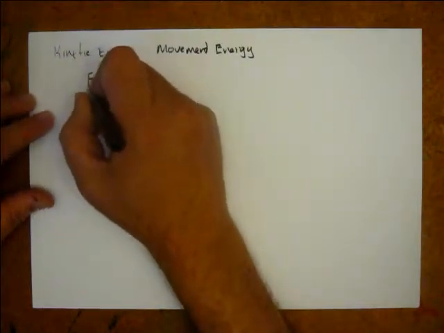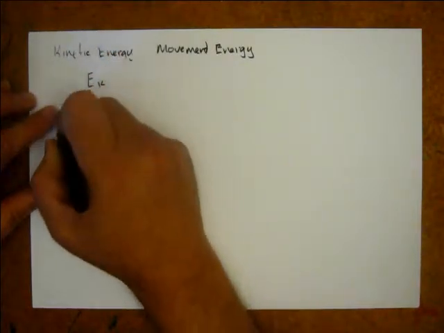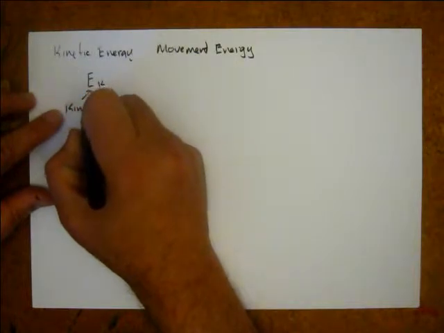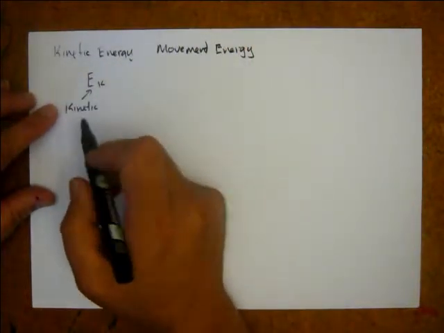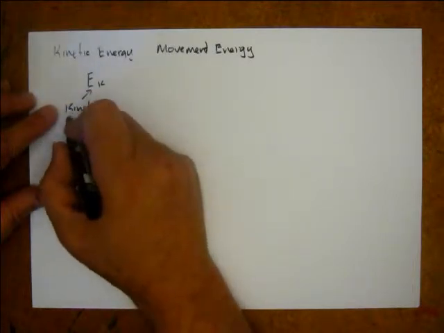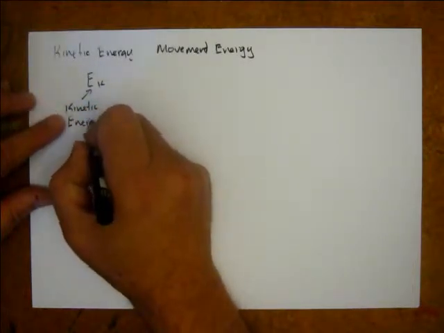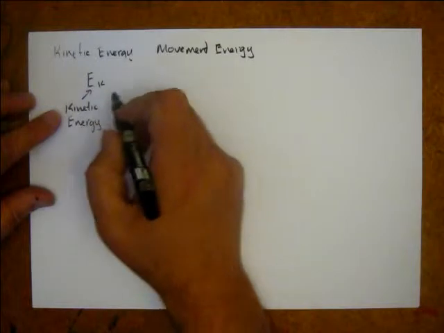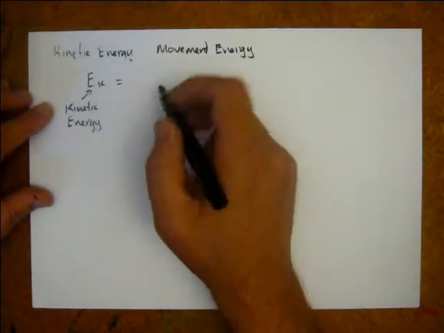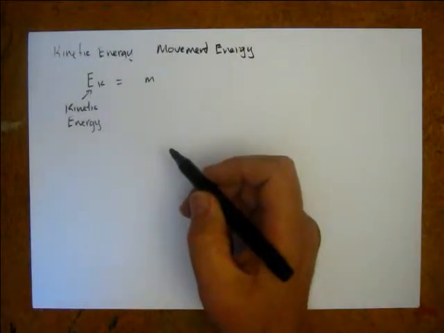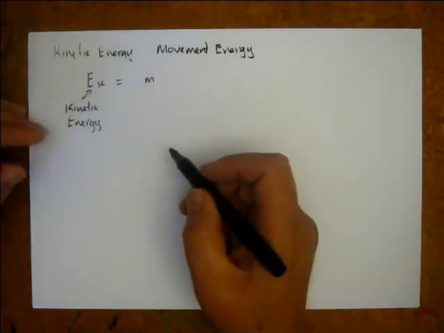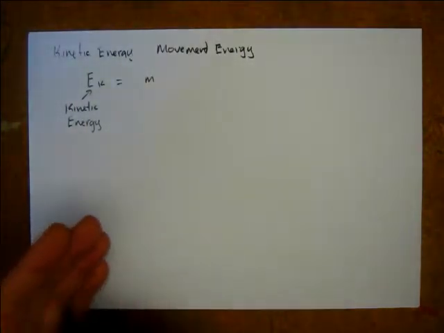Well, EK, we'll use this for kinetic energy. There are lots of different symbols, and some people just use K and various other things, but we'll use EK at the moment for kinetic energy. It's going to equal, there's a few things it's related to. It's related to the mass, so the heavier the object is, the more kinetic energy it's got, just like momentum.